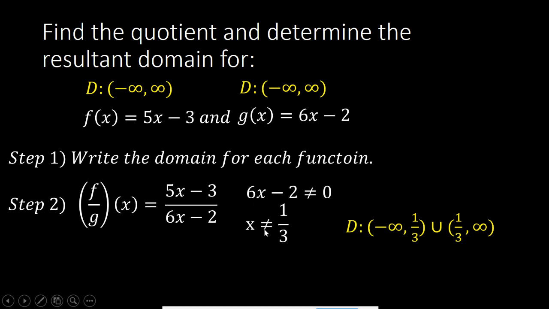And we'd say, all right, x could never be 1/3. So the domain would have been the overlap of these two and with this constraint. So since the domain was all real numbers as an overlap, we've got to say, well, it's all of those except that one. And we want to write the domain right there. It's -infinity to 1/3, union 1/3 to infinity. And that is an example of a quotient and its resultant domain.